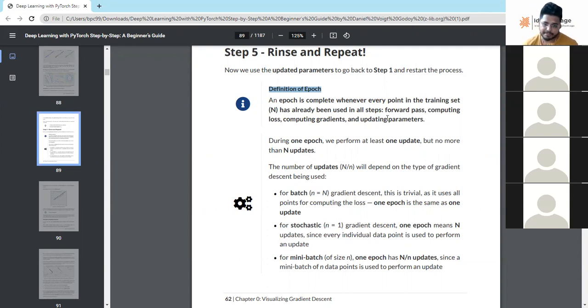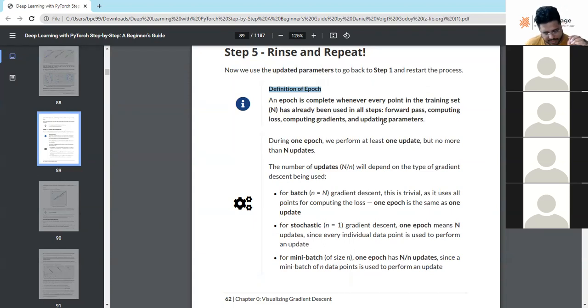If I am using normal gradient descent, all my data points will be used in a single epoch only, correct? So my one single update is equal to one single epoch.